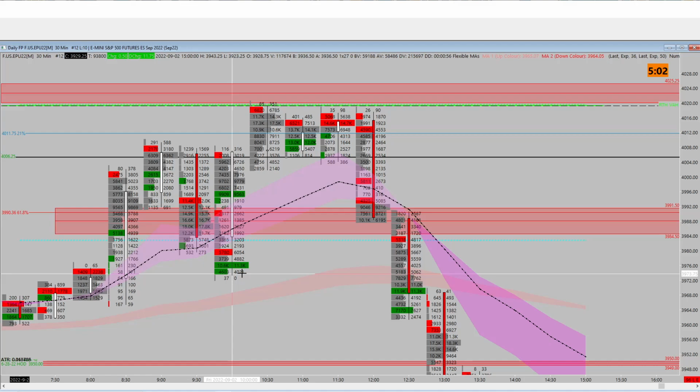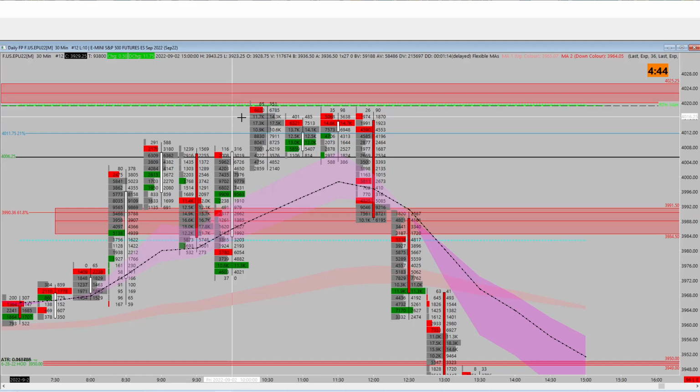That's a big buying imbalance. And on the opposite end, we have 6,820 sold under 351 contracts. Again, a big selling imbalance. Big difference between 6,800 and 350.